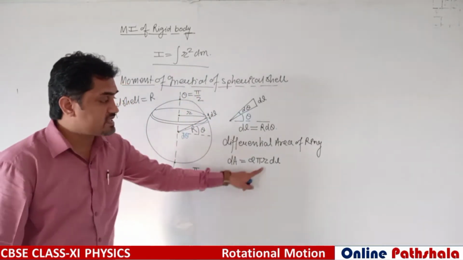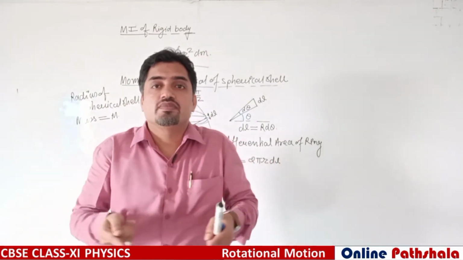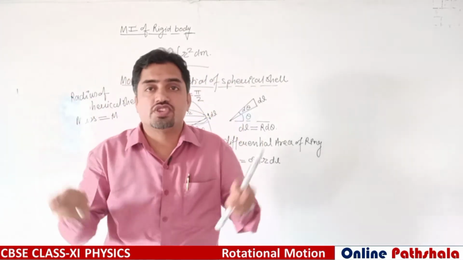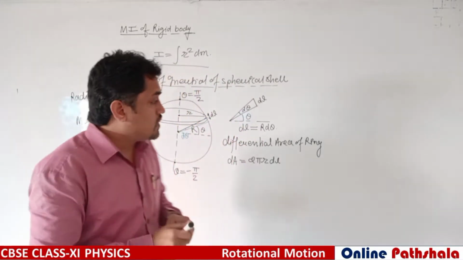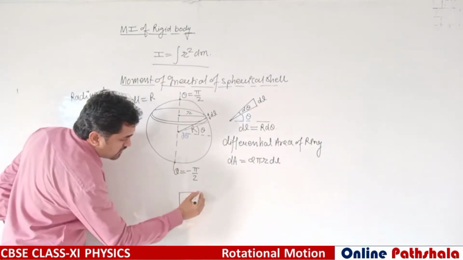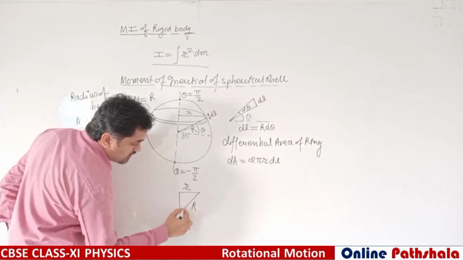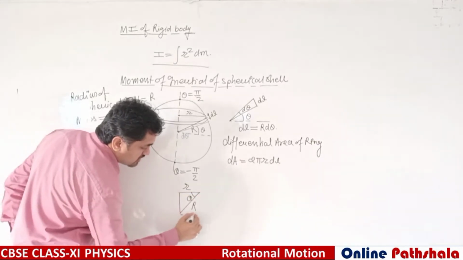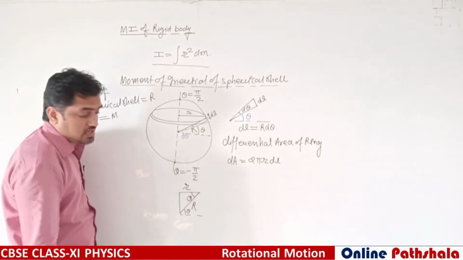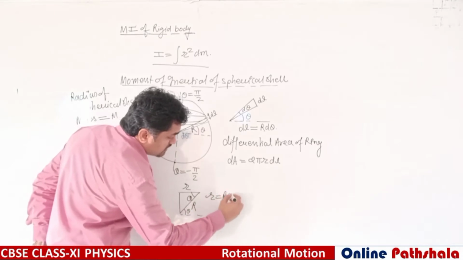Now, the radius of this differential ring is also changing from the lowest point to the highest point. So, we can draw a triangle, this is small r and this is capital R, and this angle is theta because the angle of this radial vector with the horizontal is theta. So, this small r can be written as R cos theta.